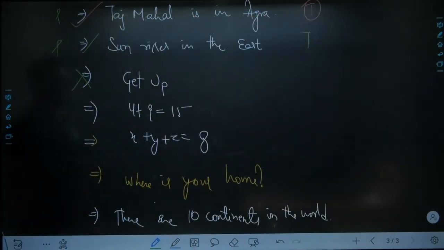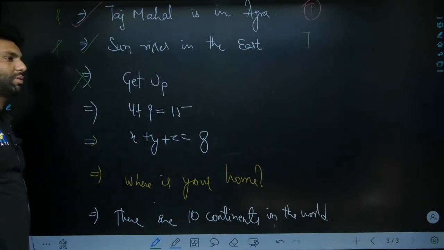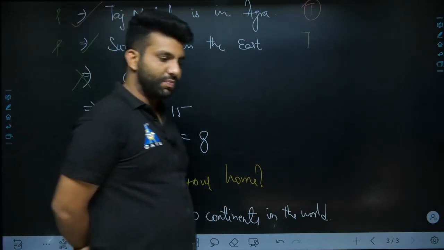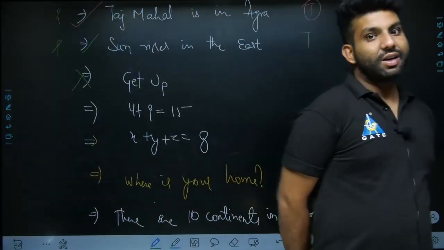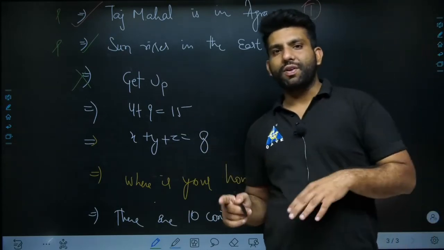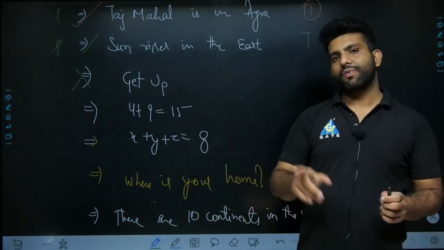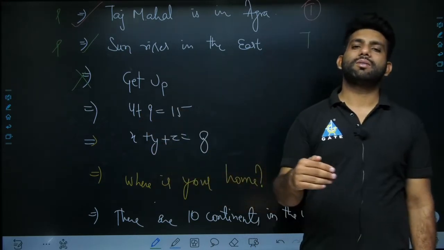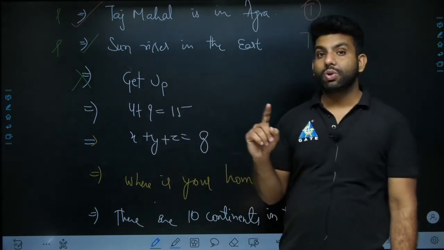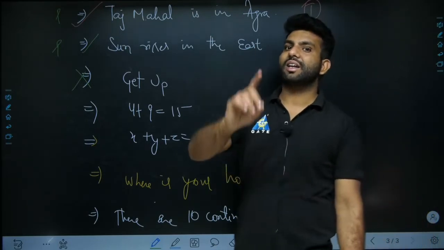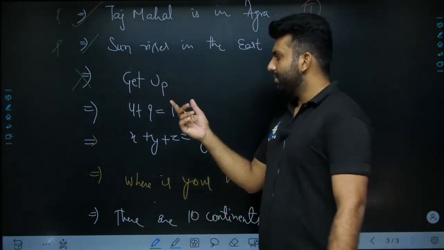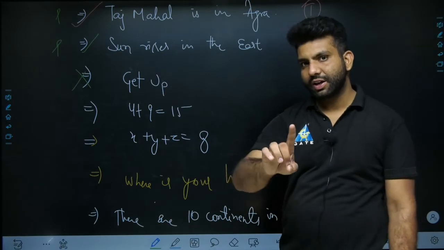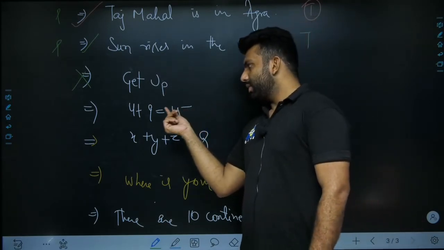What about 4 plus 9 equals 15? Just have a look. It is declaring to me that 4 plus 9 will be equal to 15. But whether its value is true or false. 4 plus 9 is 13, but it says 15, so its value is false. It was a declaration, but the value is not true.